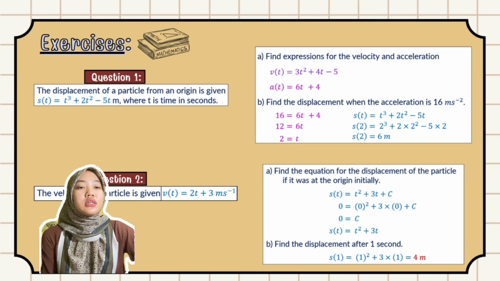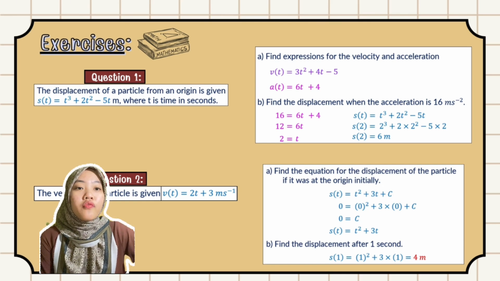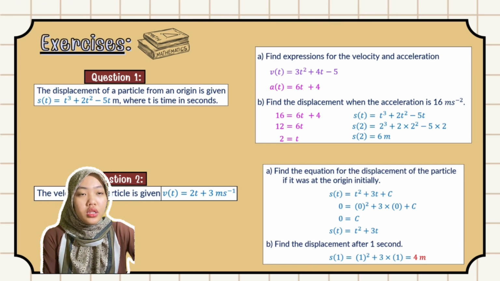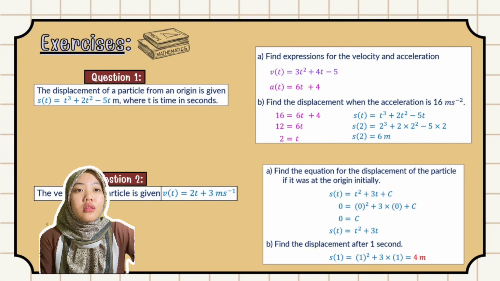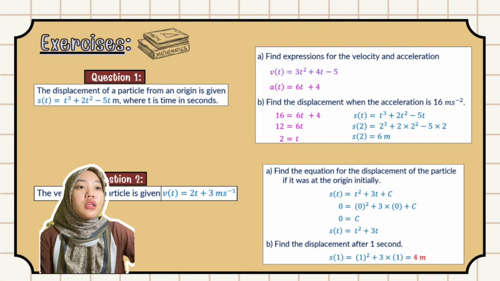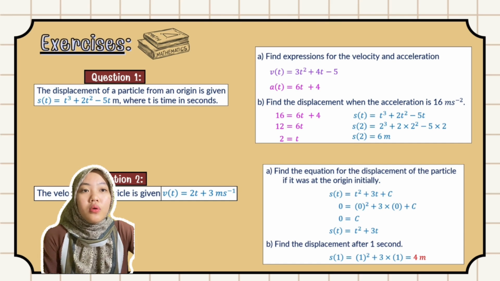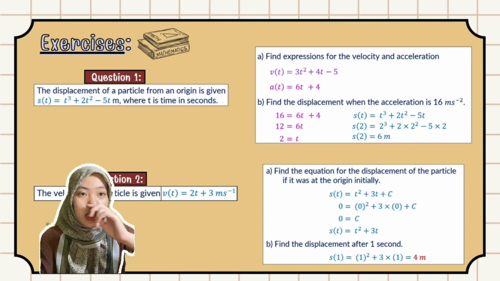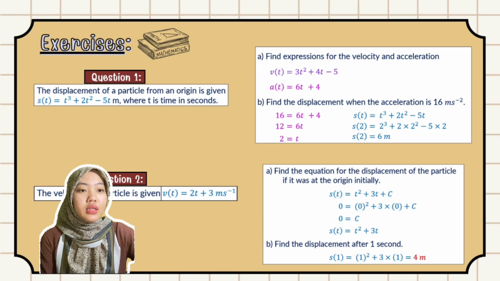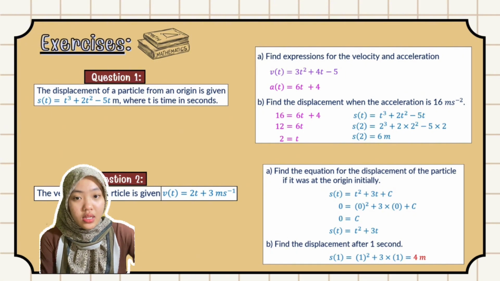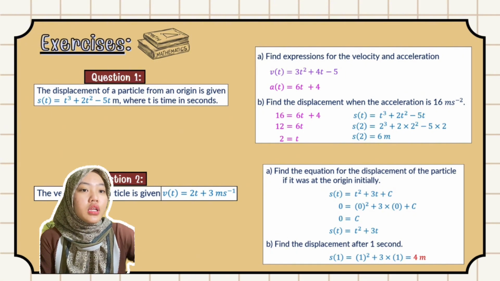In order to find the equations of velocity and acceleration, we need to differentiate. We know that the equation given earlier is in displacement. So from displacement, to find the velocity, we need to differentiate. And then to find the acceleration, you need to differentiate twice.